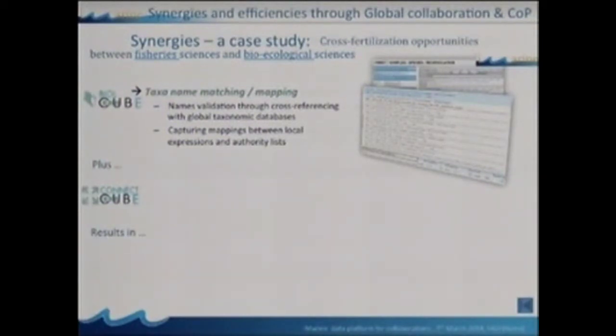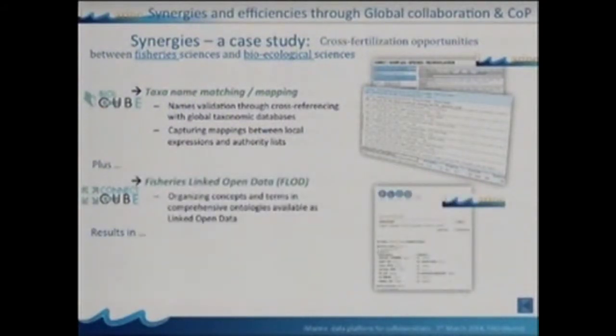By the way, by putting these expertise together with other needs that emerge through, for example, also the FAO fishery global record of vessels, where you have also many variations of names among fishing vessels. Other similar approaches had grown there, and by putting these efforts together, I think we have enhanced the capacity of taxonomy matching and vessel name matching.